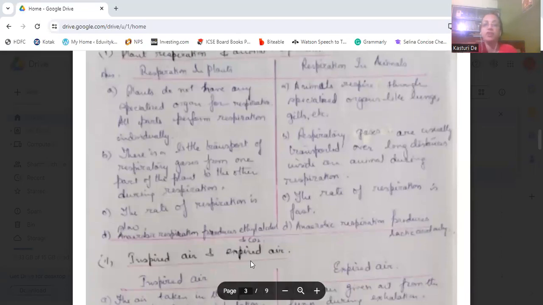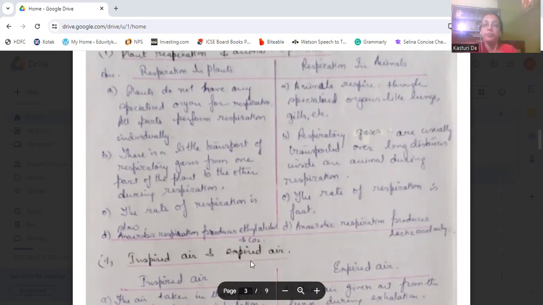Then there is little transport of respiratory gases from one part of the plant to the other. The gases generally do not transport from one part of the plant to the other. But in the case of animals, this happens. The gases travel from one part of the animal to the other part, that is, over long distances.